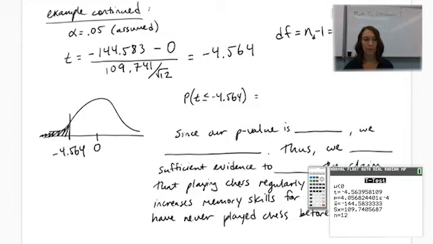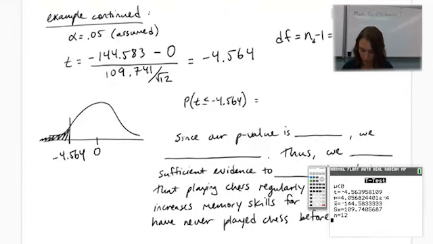Now, I can show you how to find that. I don't know if the AP exam requires that you show work for the p-value. I've seen them say that they don't require it, but then sometimes I feel like they might. So I'm going to show you how to do that using our tcdf function. I'm just going to write equal, tcdf, and then leave some space, and then I'm going to write this out.